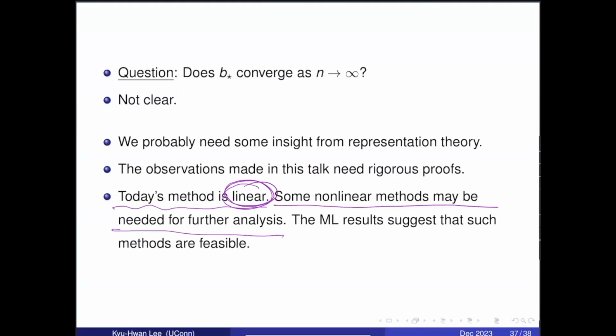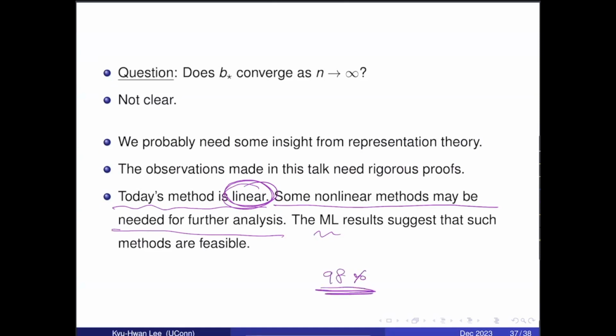In order to see more separation and more information about the Kronecker coefficients data scientifically, we probably need some nonlinear methods. In the machine learning result presented in the first part, we saw 98% accuracy.